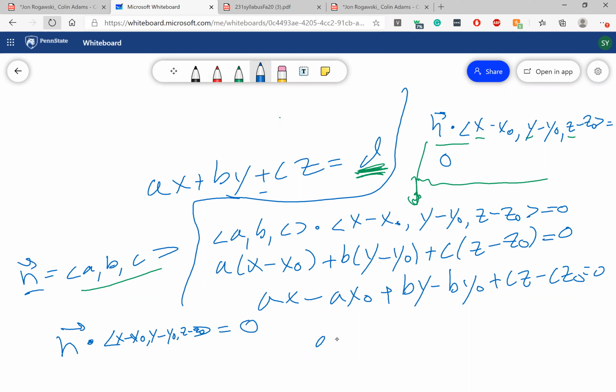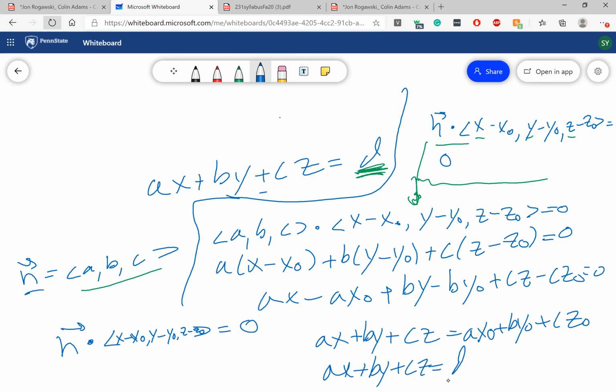And this tells me that ax plus by plus cz is equal to ax0 plus by0 plus cz0, which I can call d, which means that ax plus by plus cz is equal to d. And so that's how we get that the equation of our plane is this formula over here.